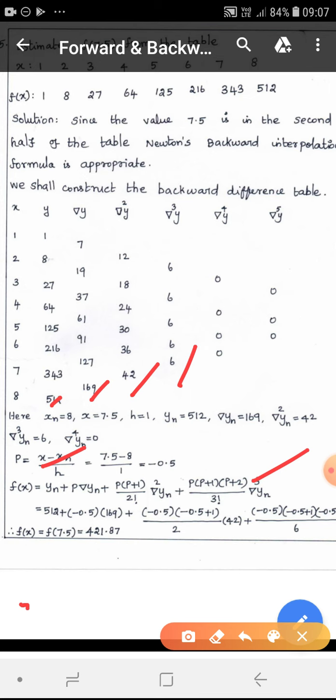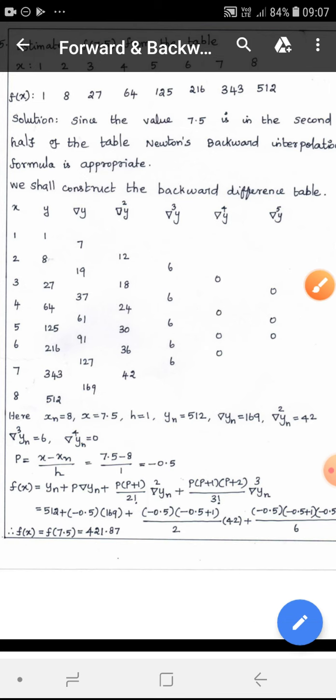X means that value at which y is to be calculated, which is 7.5. Then xn means last x value, which is 8. And h means the spacing between adjacent x values, which is equal to 1. So (7.5 minus 8) divided by 1 is equal to minus 0.5.